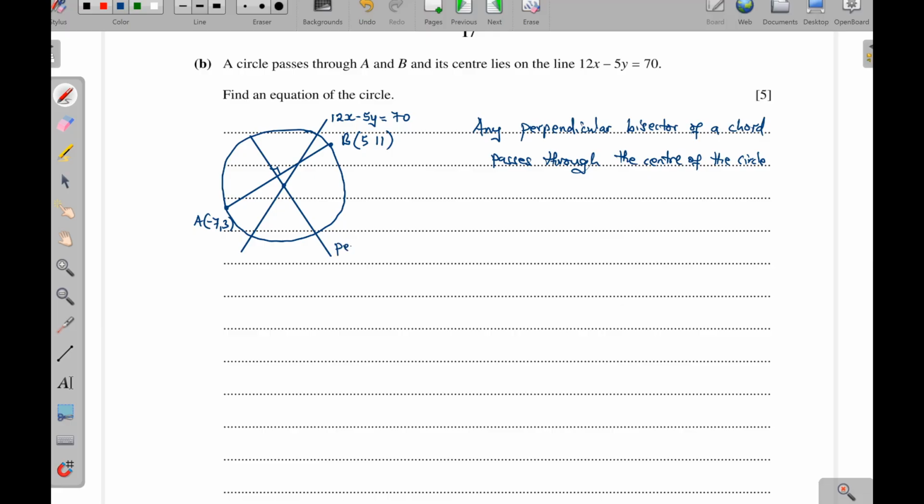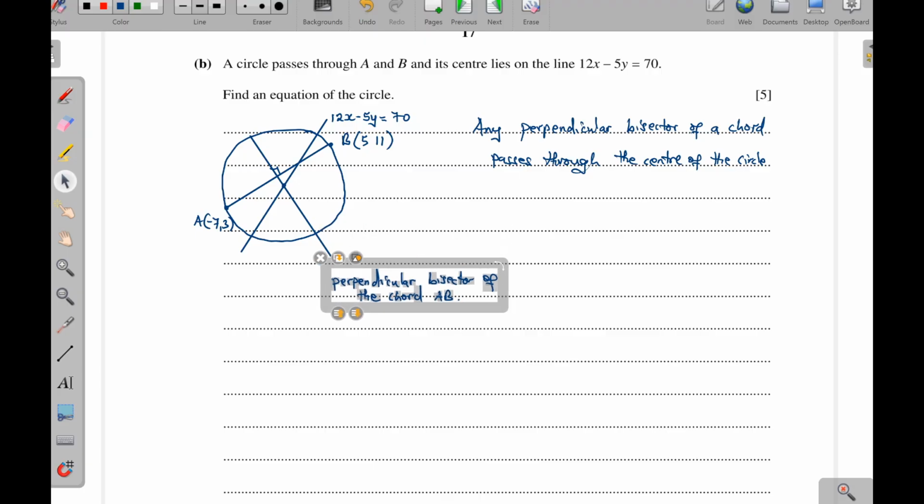So this is the perpendicular bisector of the chord AB, whose equation we got.